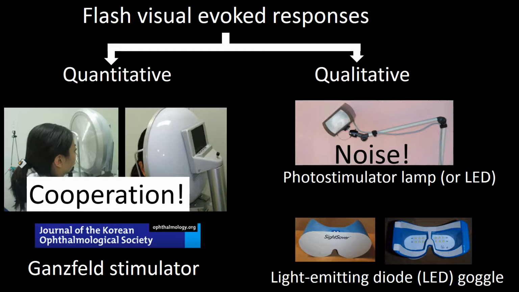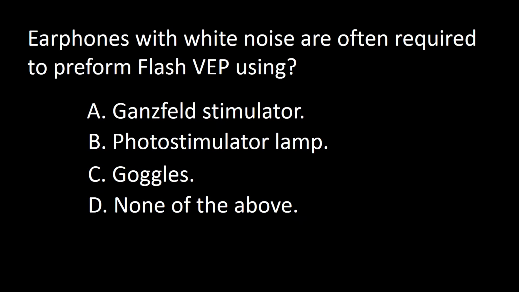I am showing it to you again to make sure that you remember that lamp stimulators produce noises, and the noise may produce artifacts. Hence, earphones with white noise are often needed when using lamp stimulator. So the answer to this question is B.